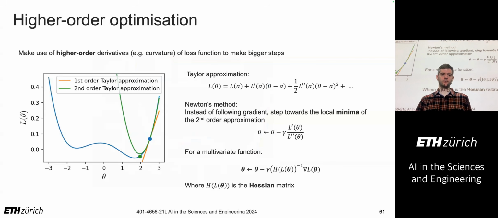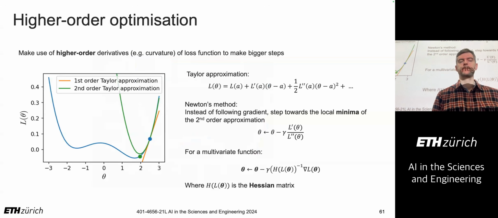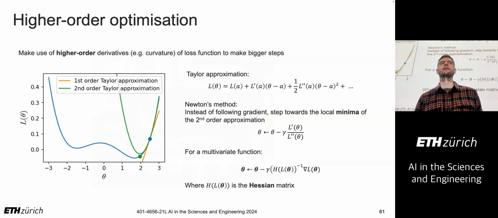Okay, so there's one final type of optimization algorithm that I want to talk about, and these are higher order optimization algorithms. The optimizers that I've been talking about so far have just been using the gradient of the loss function. But it can be much more powerful to use higher order derivatives of the loss function to help you explore that loss function.